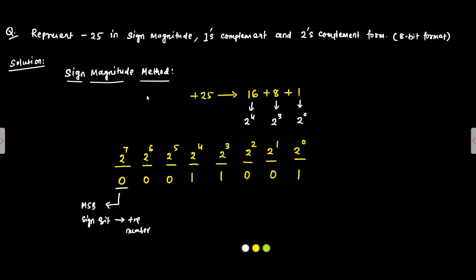Then this is plus 25, so minus 25 will be represented with the sign bit changed to 1.